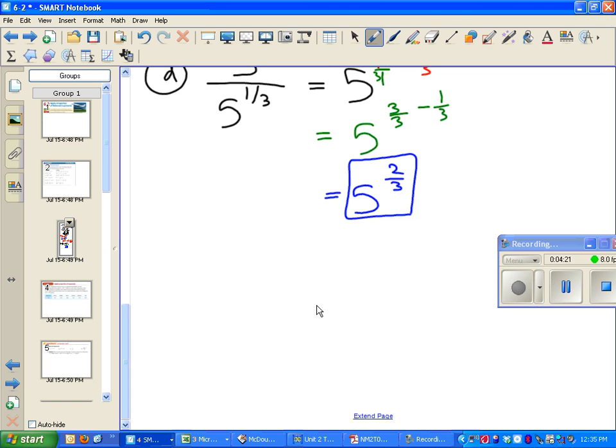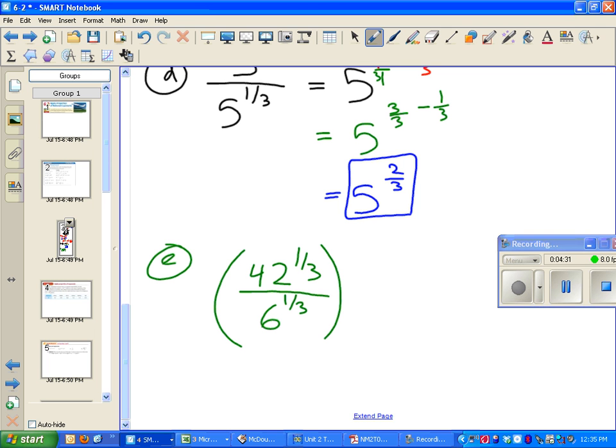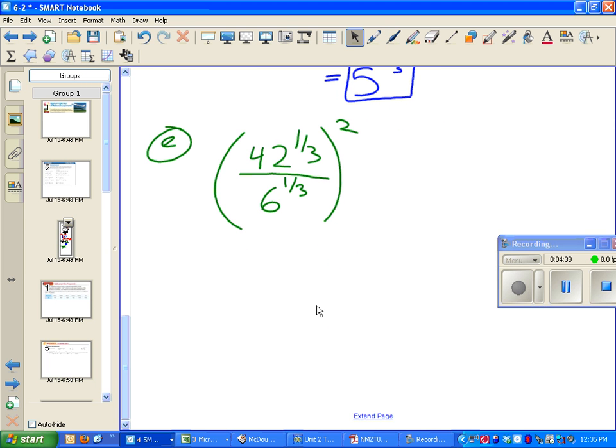For E, let me write that down. So notice, just like example C, we have the same exponent on 42 and 6. And I noticed that 42 and 6 can be divided evenly. So I'm going to rewrite this as 42 over 6, and then to the 1/3 power.